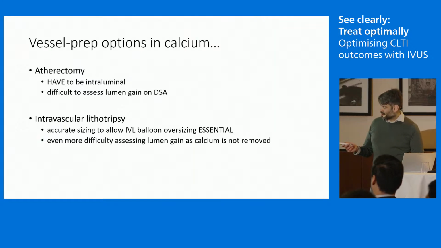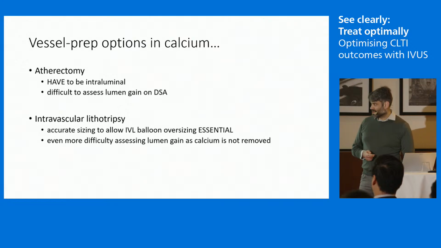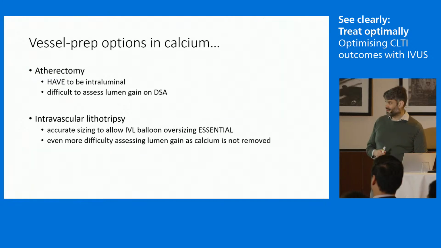The IFU mandates sizing at least 1.1 to 1. I happily oversize way over that, and especially in the setting of multiple nodules of calcium, I'll happily oversize by 20%, 30%, just to get a good apposition of the balloon fabric onto the calcium.